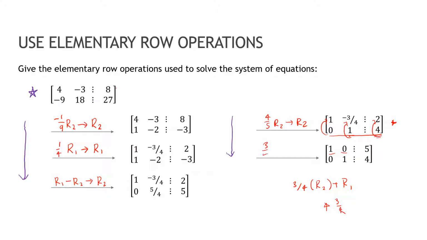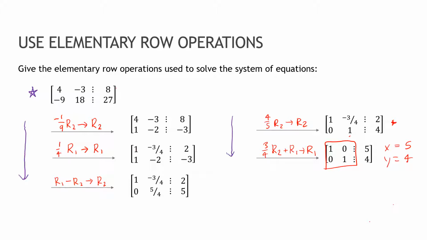So I took 3/4 times row 2 plus row 1 to get my new row 1. Now again, what's the purpose of doing that? The purpose of doing that is because I want to end up here, where I have 1, 0, 0, 1, which means x equals 5, y equals 4, and I found my solution, 5, 4.